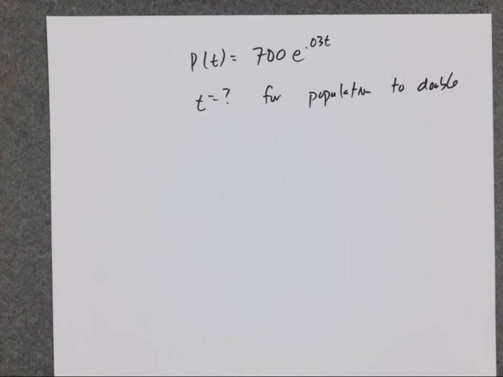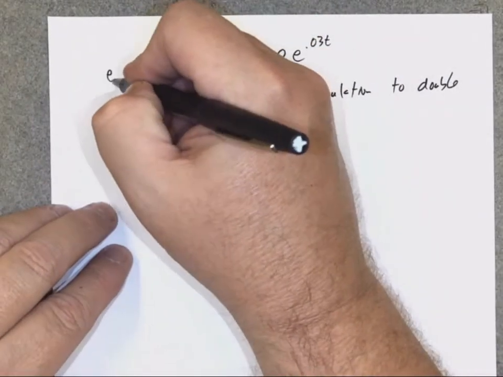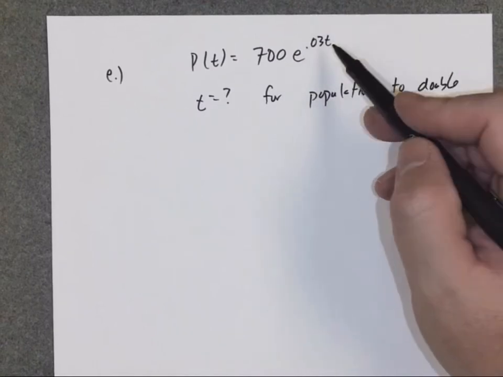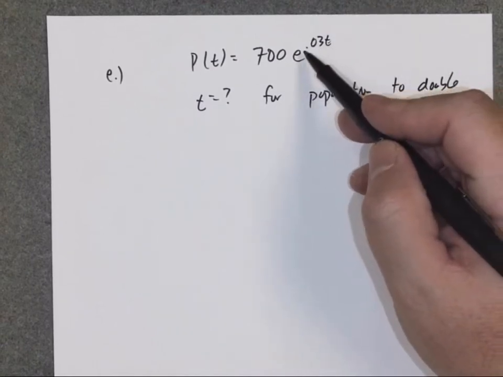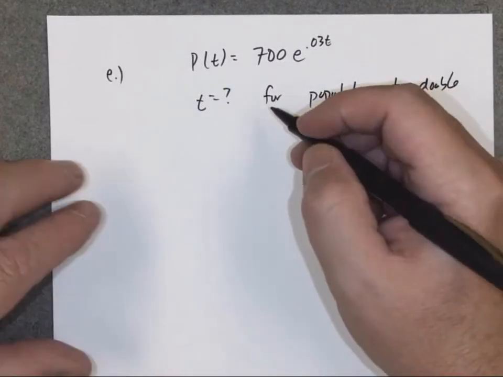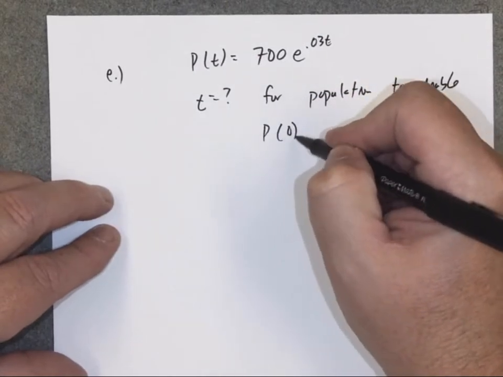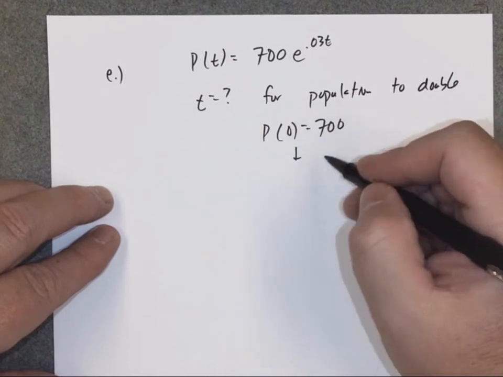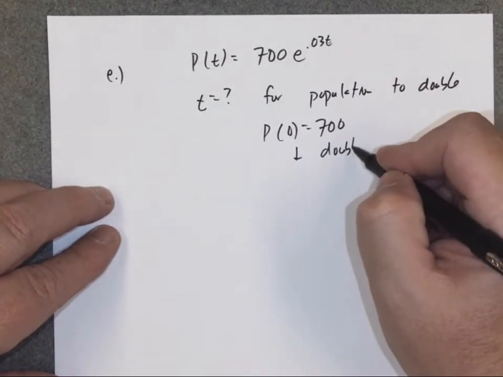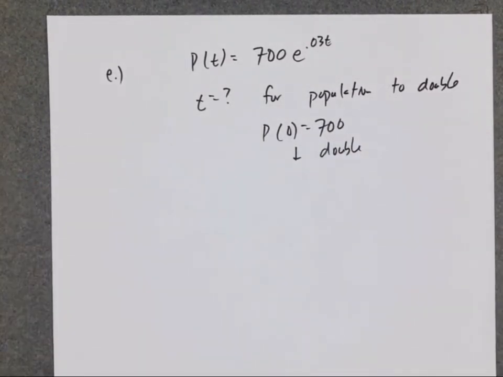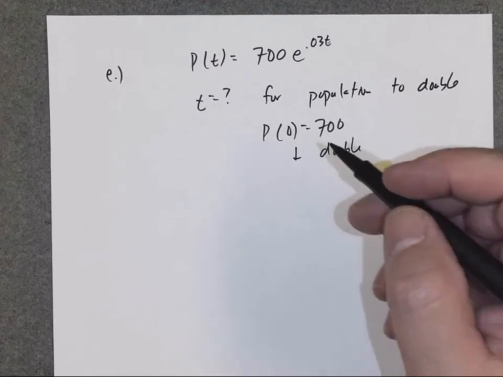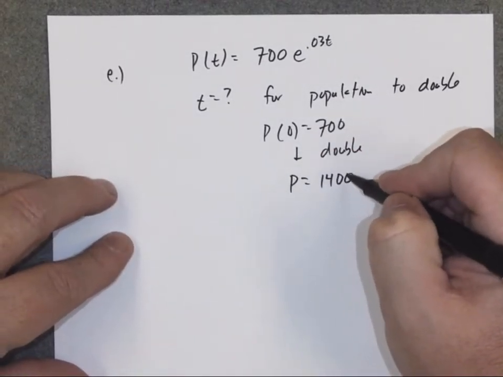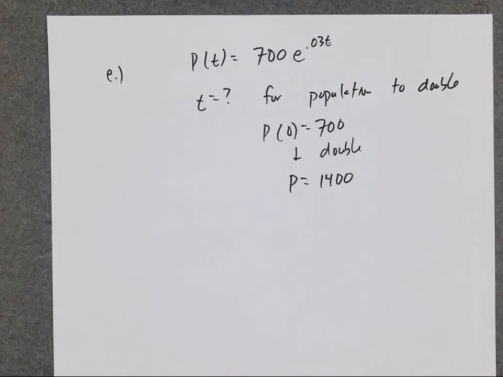We actually calculated that, or we can do it again. The initial population was when time is 0. When you put a 0 in for t, you get P equals 700. Remember, P of 0 is 700. So if it were to double, what's the population when it doubles? Well, if it starts at 700, when it doubles, it's going to be 1400.